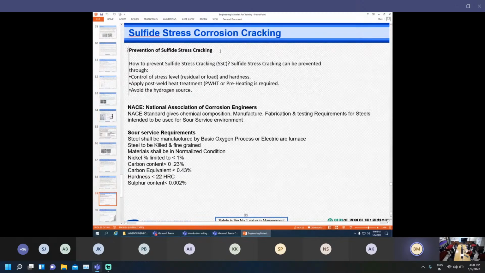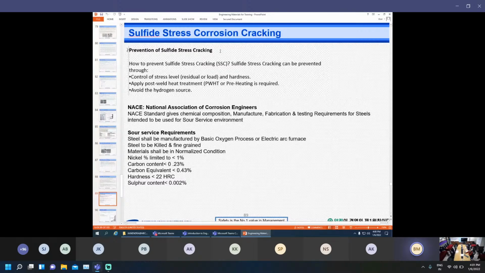By reducing the stress level, by reducing the hardness level, by using PWHT, and by avoiding the hydrogen source. NACE is the National Association of Corrosion Engineers, which gives the guideline.